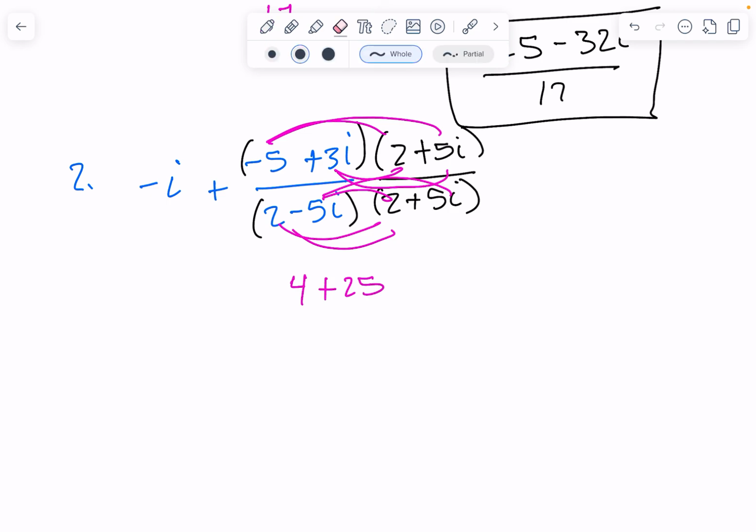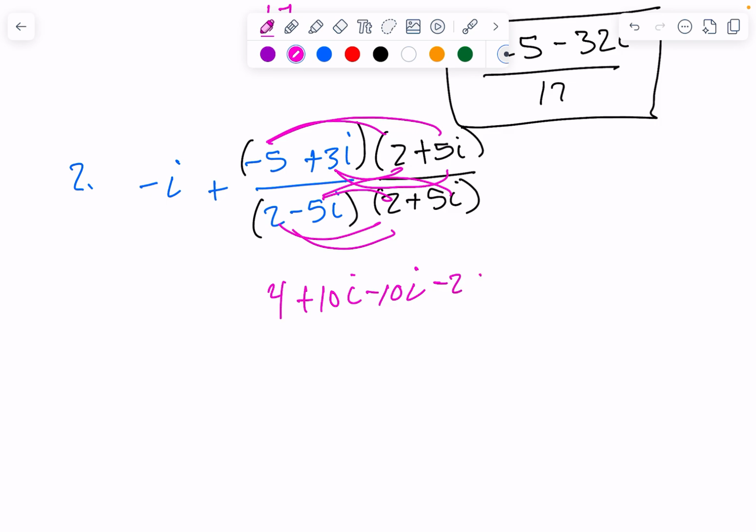Probably some of you guys are getting mad at me for doing that. So 2 times 2 is 4. This is 10i plus 10i. And then this one is minus 10i, minus 10i. And then this one would be -5 times +5 is -25.